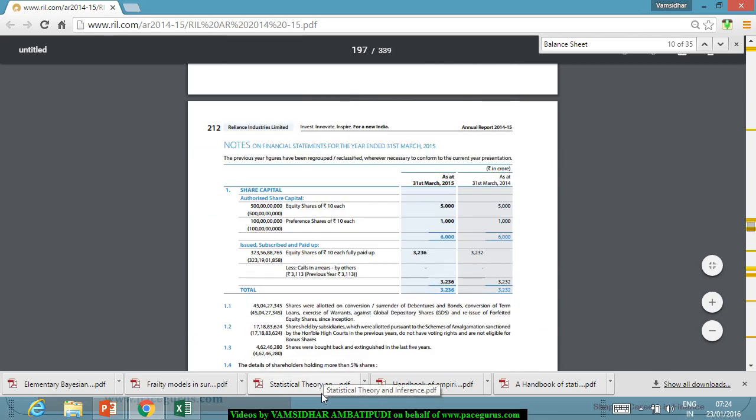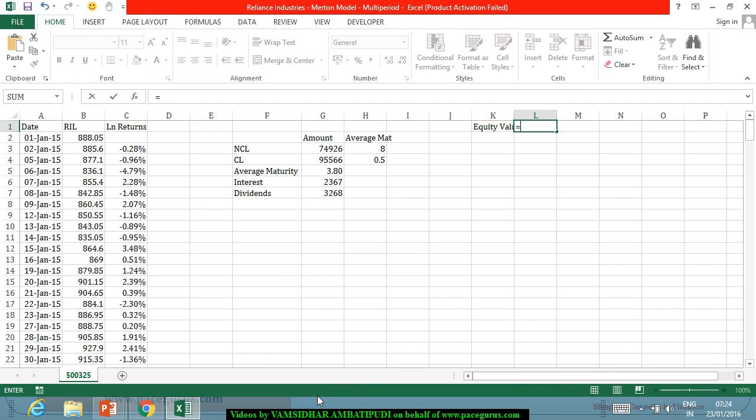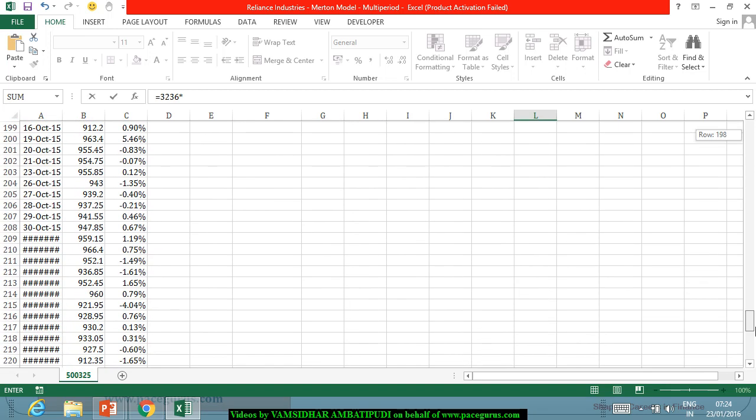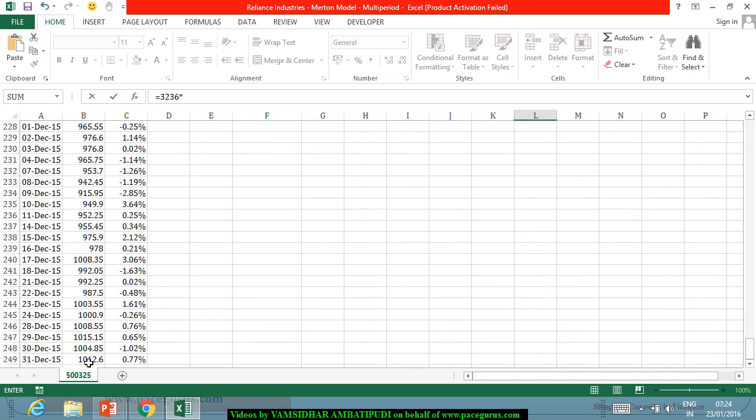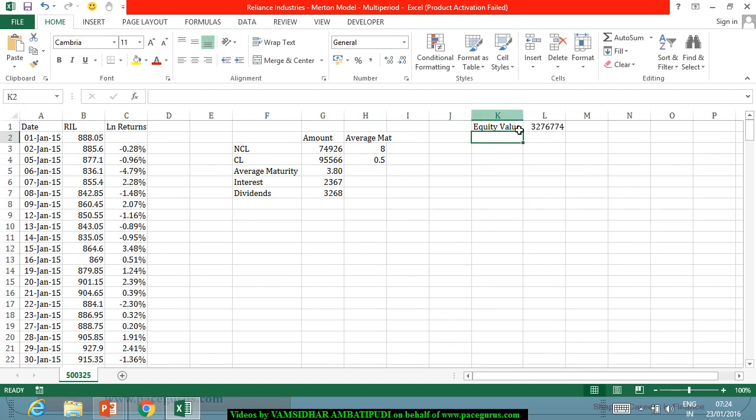The total number of shares issued is 3236. So I can find the equity value as 3236 multiplied by the latest share price. So these many crores is the equity value.